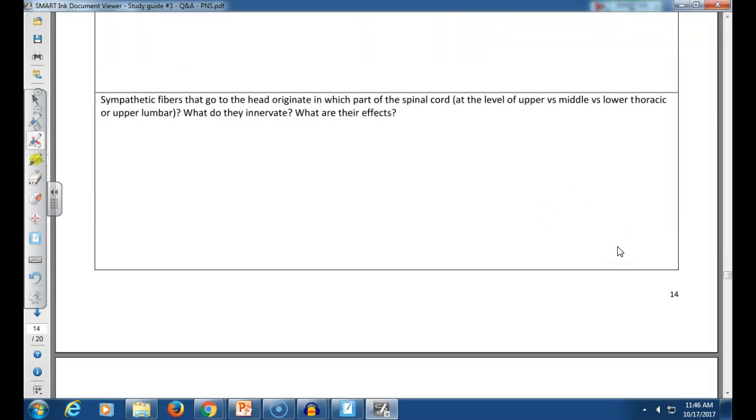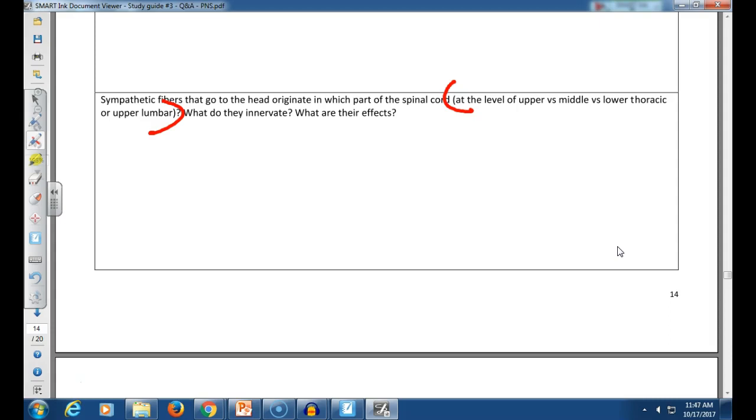Now, this gives you an idea of what I'm going to ask. Fibers that innervate dilator pupillae of the eye. Where would they originate? Most likely T1, T7, T12, or L2.